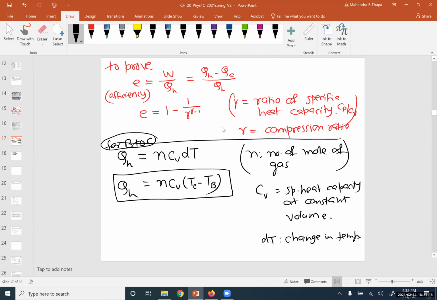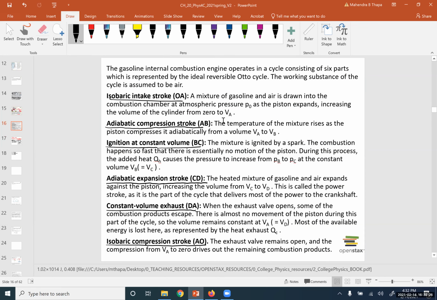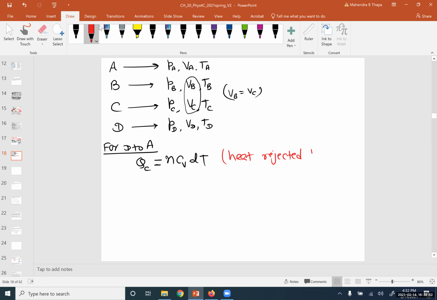If you see in the picture, in the PV diagram, heat will be rejected in the region D to A. For D to A, we can write that this QC is the heat actually rejected to the sink, which will be N CV dT.